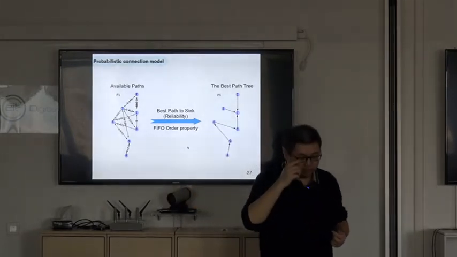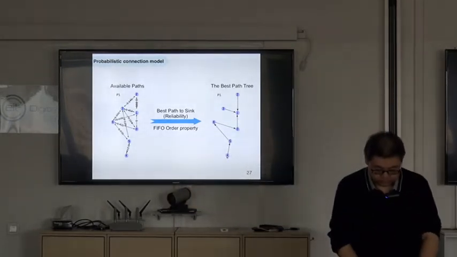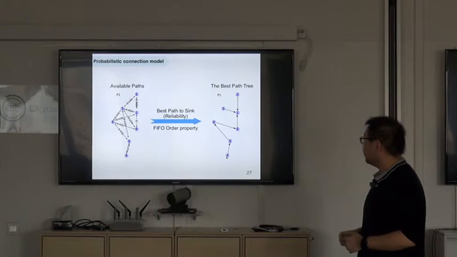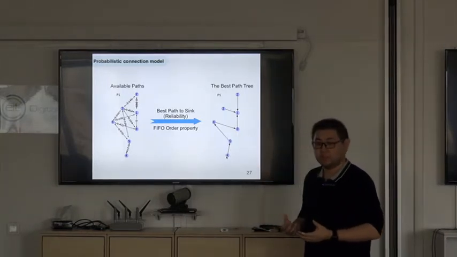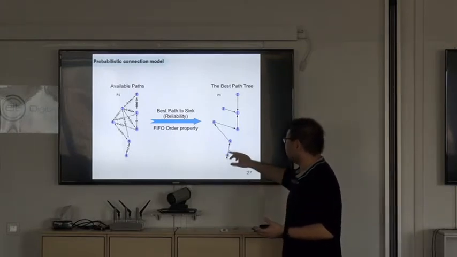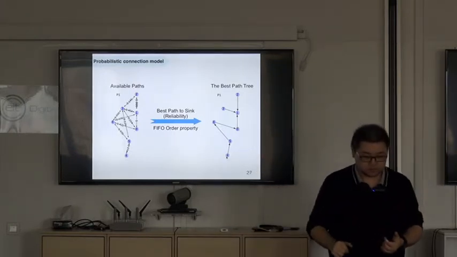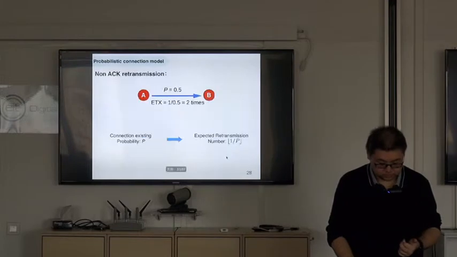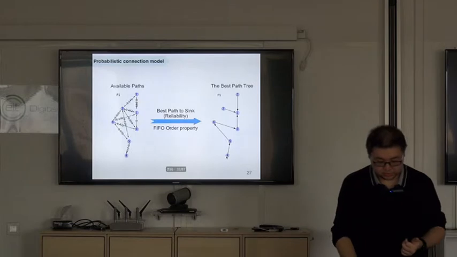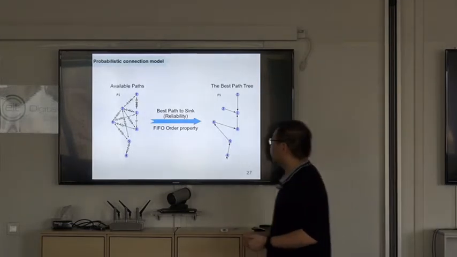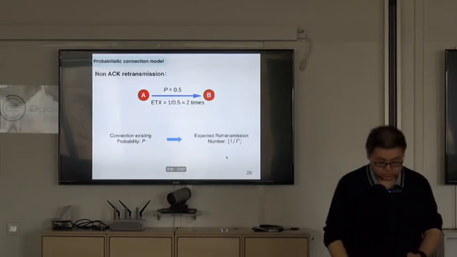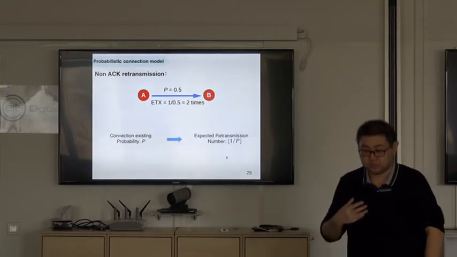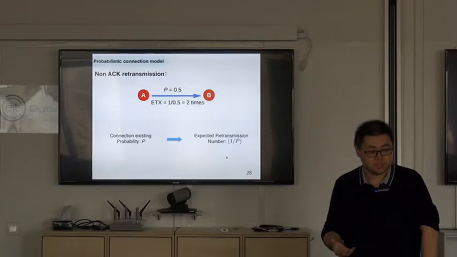That means for every node, this path will guarantee the highest probability of sending the message from itself to the sink. But it's not enough, because from this probability we can see some links are very weak.